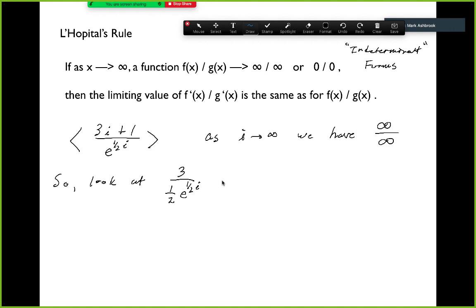And so as I goes to infinity, this thing does what? Converges to 0, right? This is an exponential function. As I gets big, this is going to get super big. Definitely goes to 0. Therefore, since the ratio of the derivatives goes to 0, this will also go to 0. That's what L'Hopital's rule says.